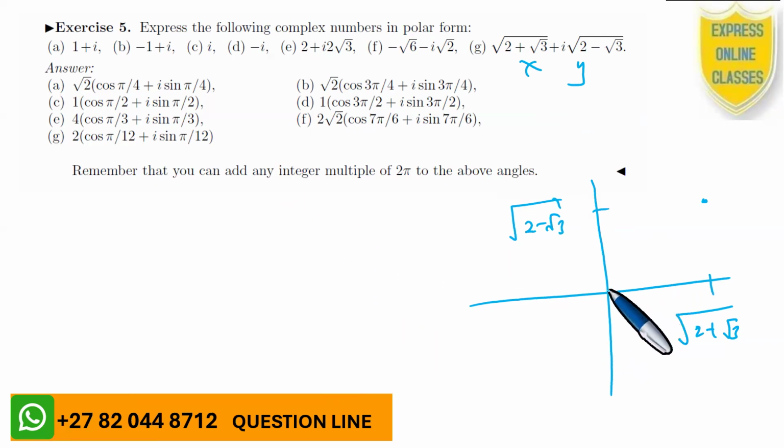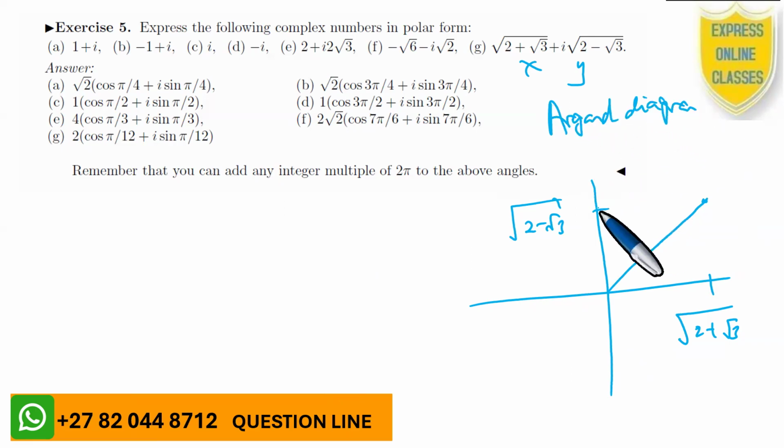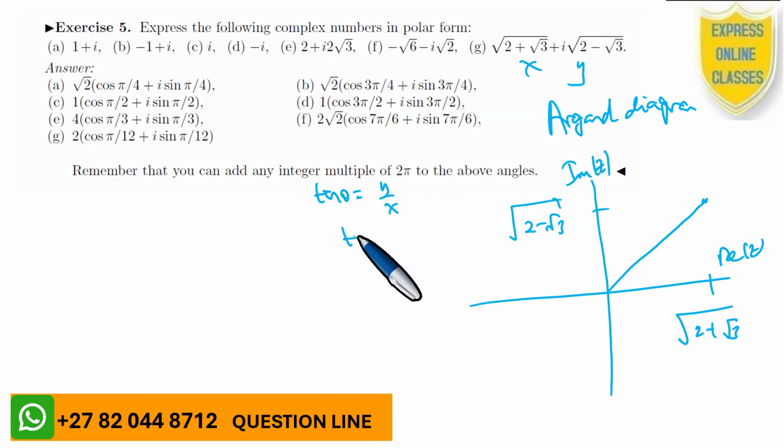What is the angle here? In the Argand diagram, this is imaginary z and this one is real z. So write the tan of theta is y over x. The y is the square root of 2 minus square root of 3.